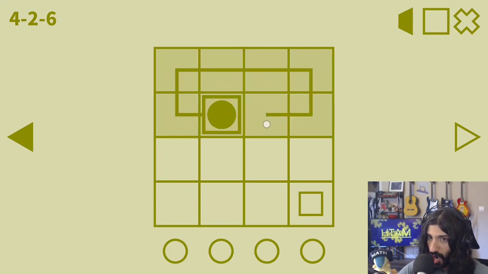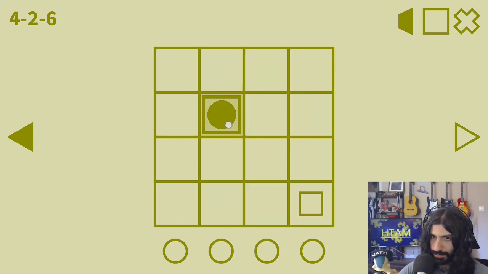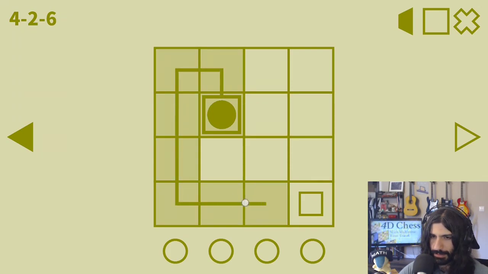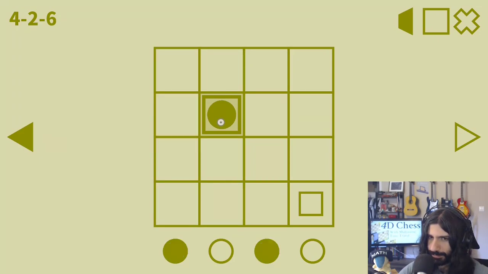There is no triangle. So maybe I need to not leave any space. How do I do this? Down?